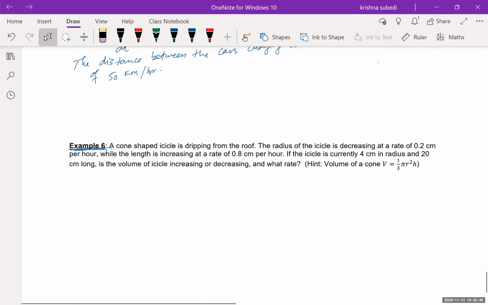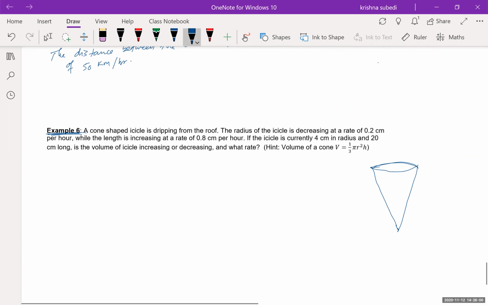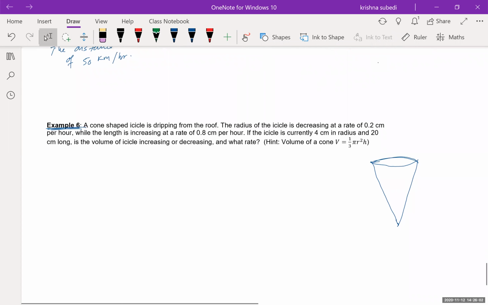Okay, it is a cone shaped icicle. So let us draw the diagram. So this is the ice, and the ice is actually dripping from the roof. Maybe because the temperature is increasing, the ice is melting.